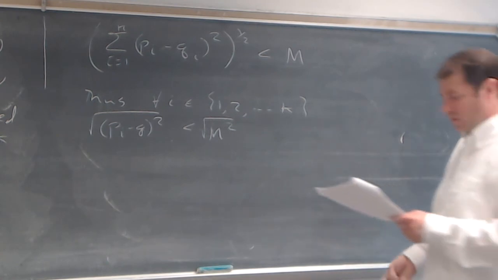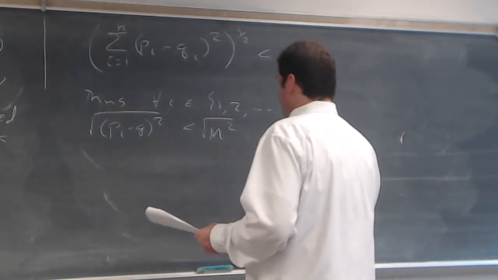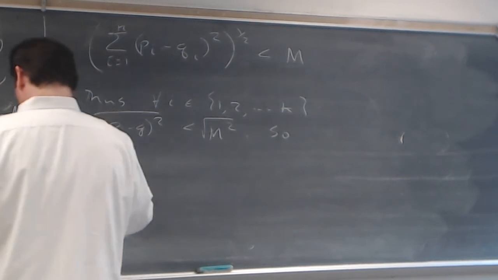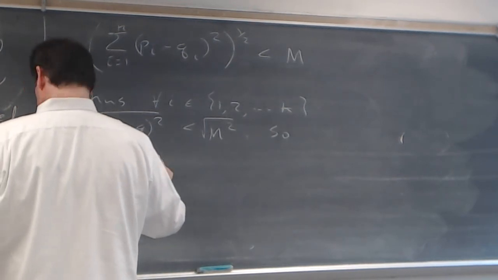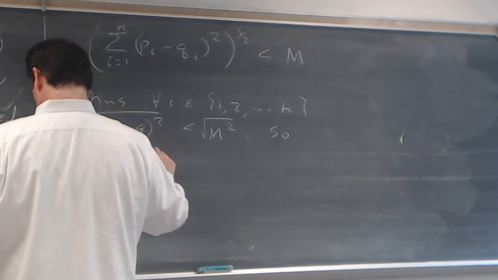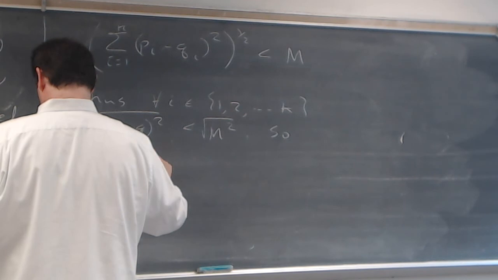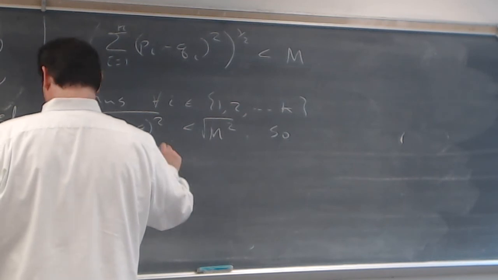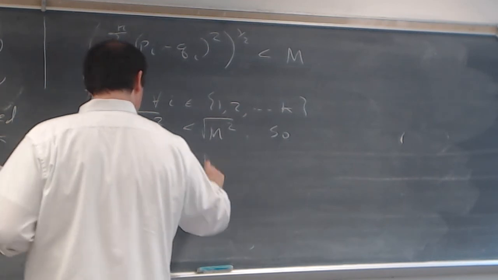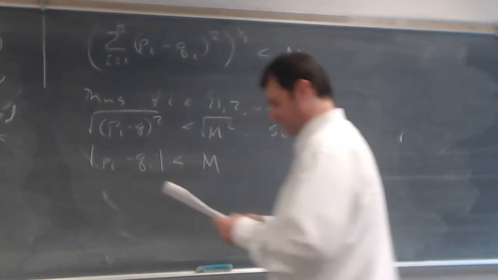Okay? Now, this says that the absolute value of p_i minus q_i is going to be less than the absolute value of m, which is just m.